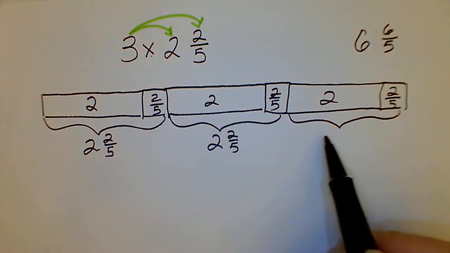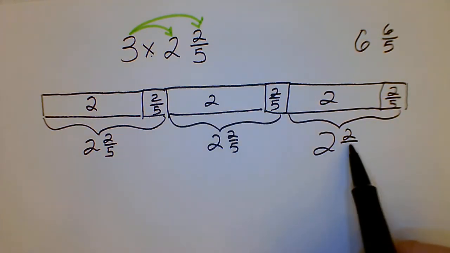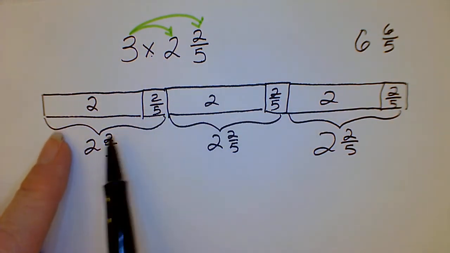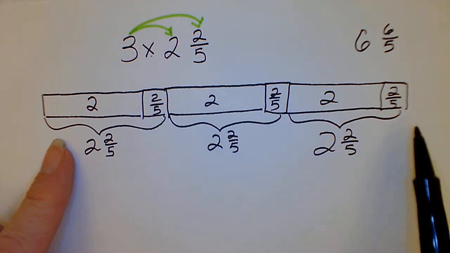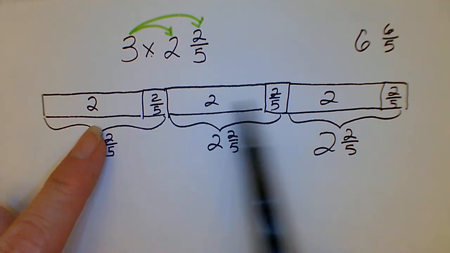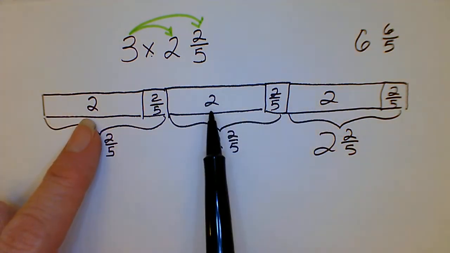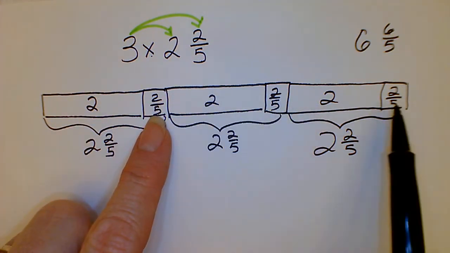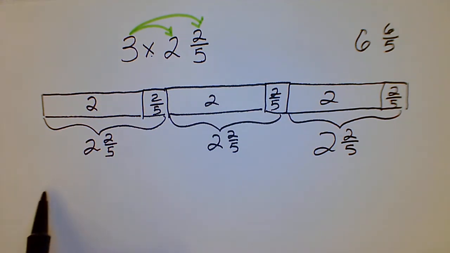What I'm hoping that you're seeing is that we have 2 2/5 one time, 2 times, 3 times, but we could also go ahead and group our whole numbers together, our 2 plus 2 plus 2, and we could group our fractions together, 2/5 plus 2/5 plus 2/5. So let me model that.